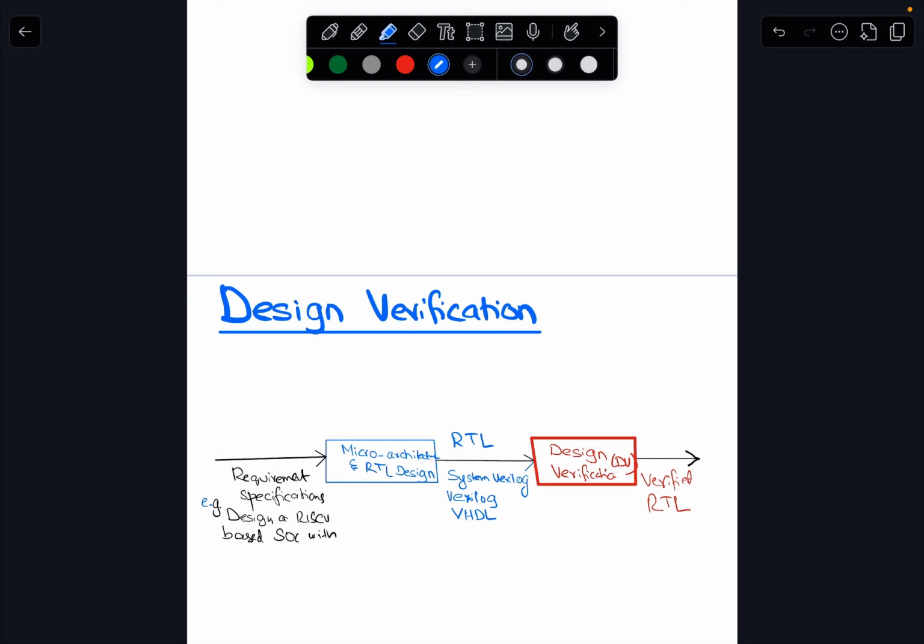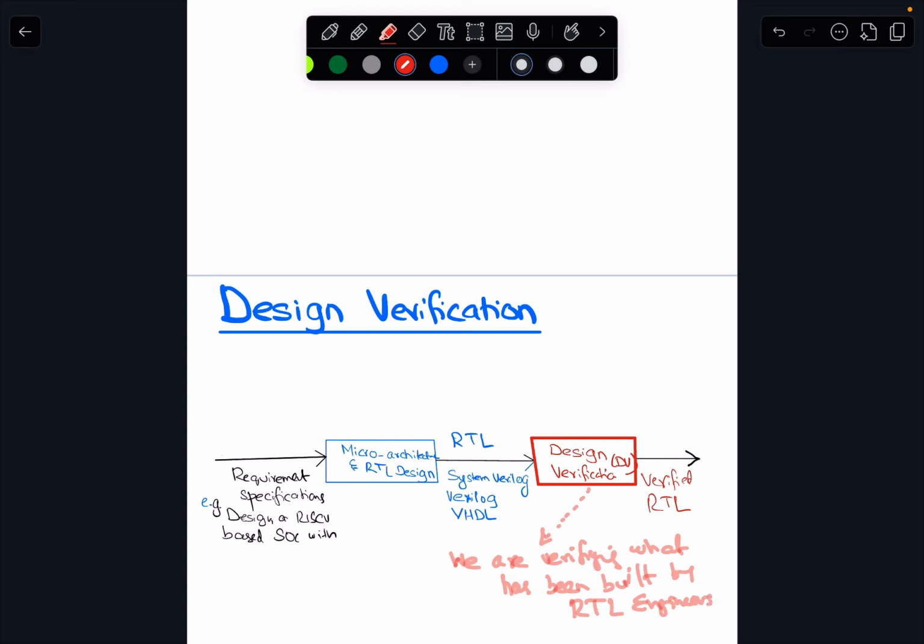If we just get the RTL from the RTL designers and test it for different cases, basically what we are doing here is testing, verifying what has been built by the RTL engineers.